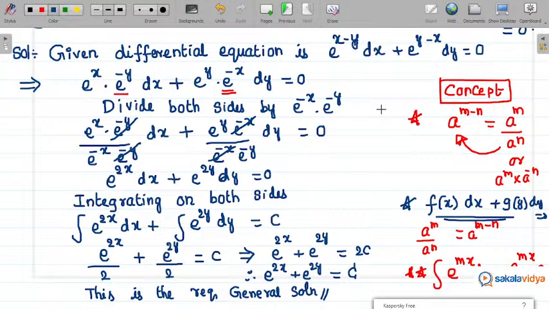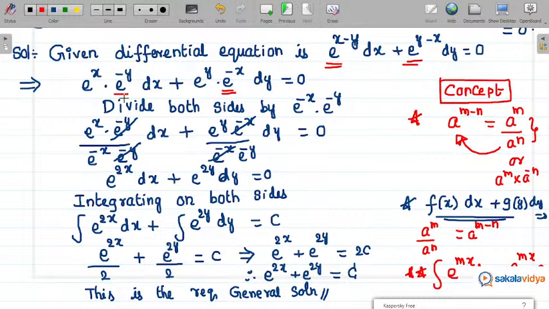This is the given differential equation. Using the concept a power m into a power minus m, e power x minus y can be written as e power x into e power minus y dx, plus e power y minus x can be written as e power y into e power minus x dy, equal to 0.